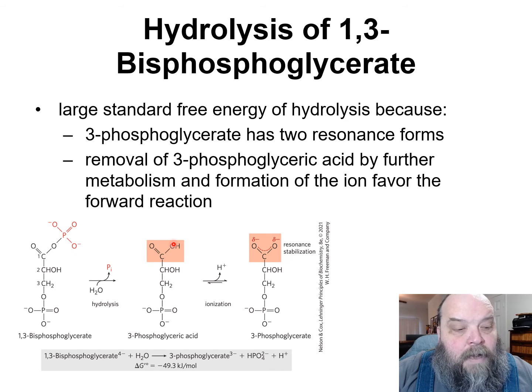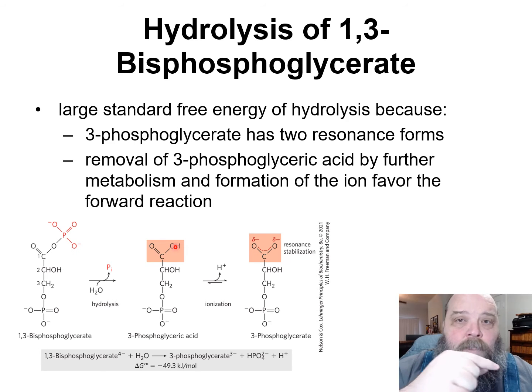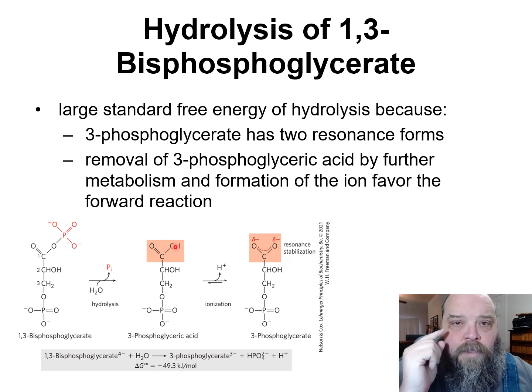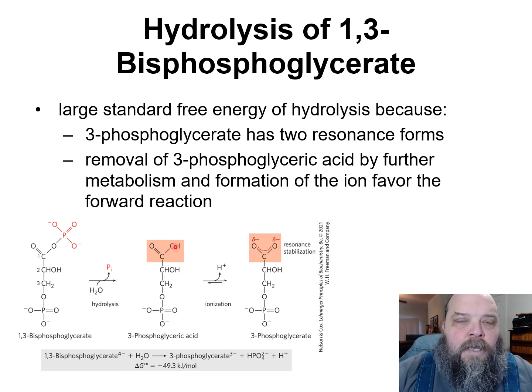leaving a carboxyl group. Thing is, though, this carboxyl group wants to ionize. That hydrogen is going to be released, and you'll have carbon, double bond oxygen, single bond oxygen. And just like we looked at a few slides ago with the inorganic phosphate group, that double bond orientation is not going to remain stable. Okay, it's going to change.